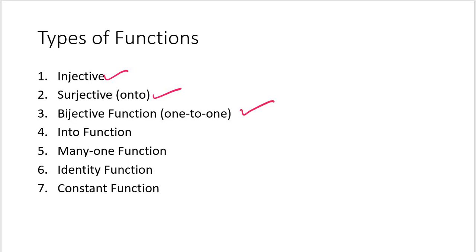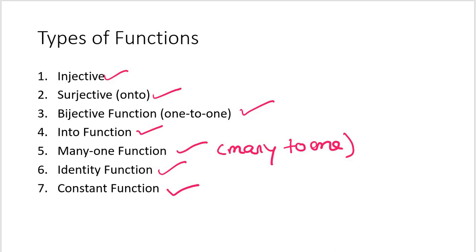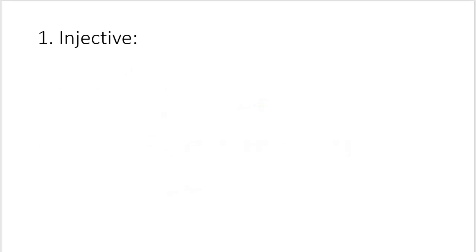What is a bijective function, which is one to one, or what is an into function, many to one or many one function, identity function, and constant function. Right. So many one or many to one is the same thing. So let's start with the basic one, which is injective.